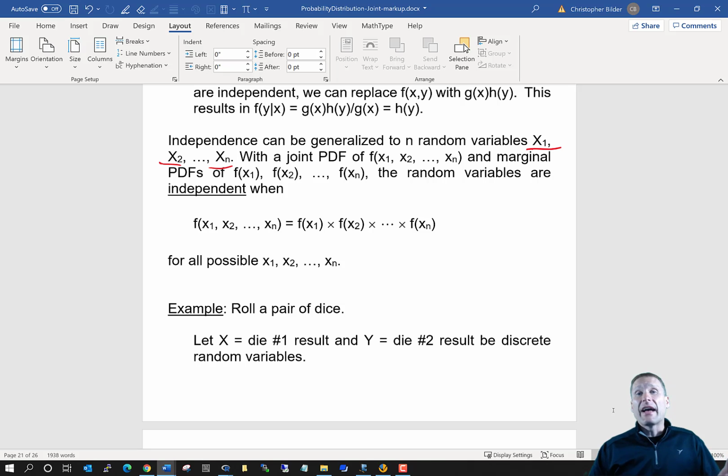Let's call it f of xi to be general for i equal 1 to n. Then if the x's are independent of one another, then the large joint PDF itself is just simply the product of these marginal PDFs. Again, we will use that result later in this course.